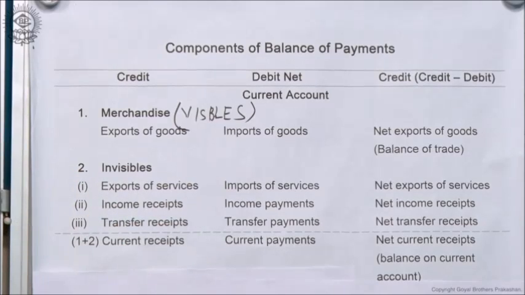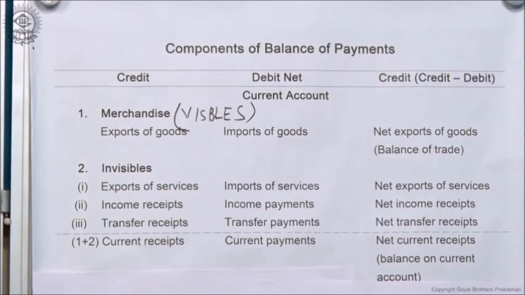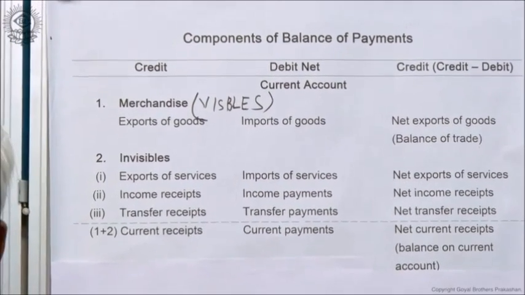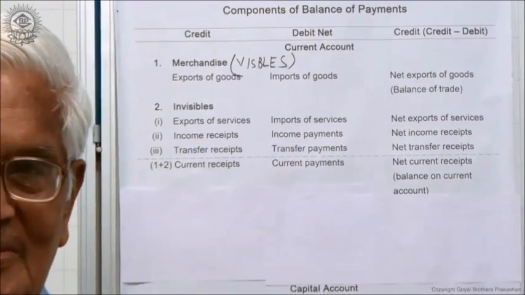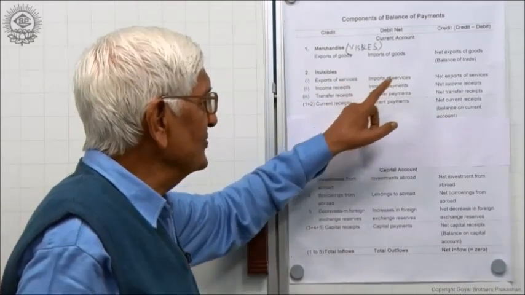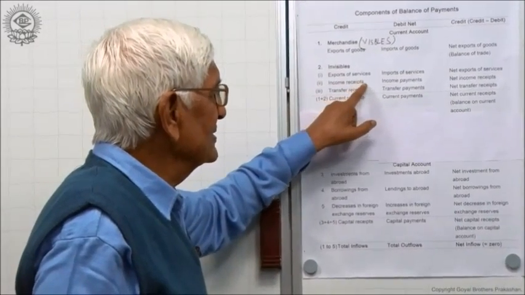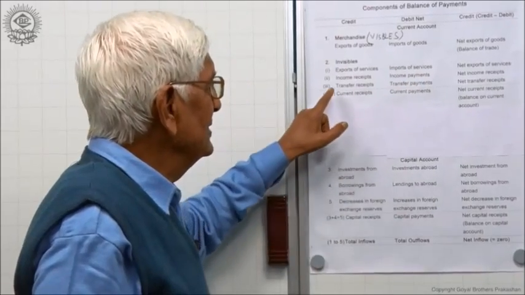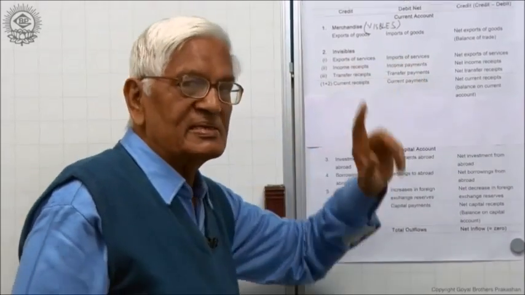Then invisibles. Invisibles are also exports and imports, but they are exports and imports of services. They are merely bank transfers, merely flow of currency, which we do not see. Therefore, they are called invisibles. It has three components: exports and imports of services, income receipts and income payments, transfer receipts and transfer payments.